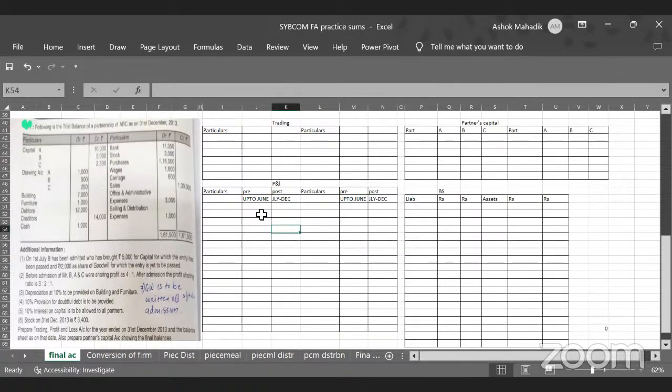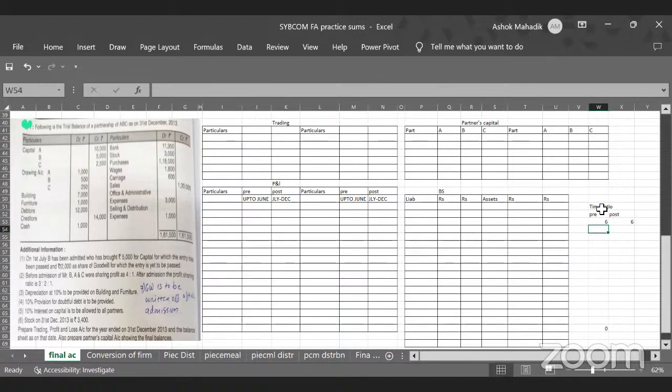Okay, students, so we need to have pre and post column, that is Jan to June and July to December. We can calculate the time ratio for this. Very simple. Can you tell me what will be the time ratio? In the pre-period we have 6 months and in post also we have 6 months, isn't it? So your ratio is 1:1.